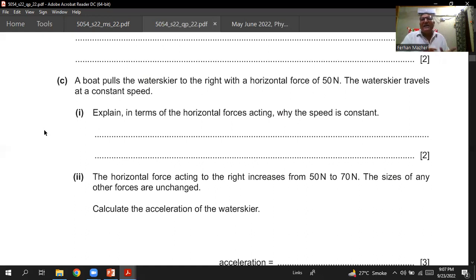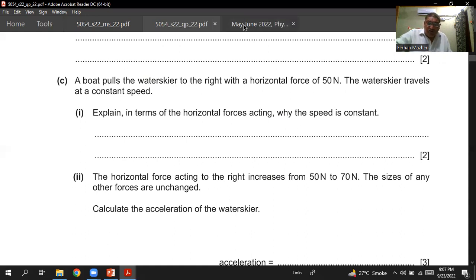The forces to the left will be the frictional forces. There are two main frictional forces. One is the air resistance, which acts opposite to his motion, and the other is the friction between his board and the water.